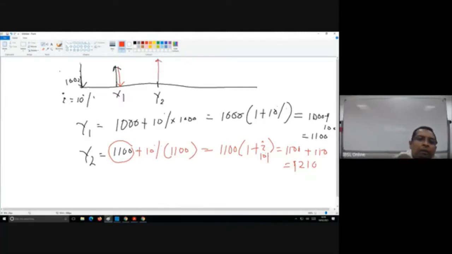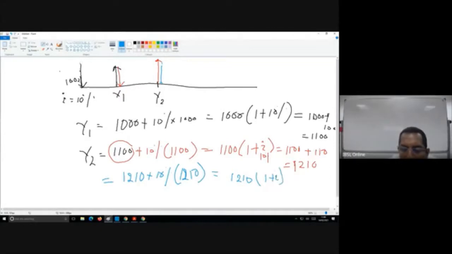Then you go to the next year. So you invest this amount. Your investment would be 1,210 plus 10% of 1,210, right? 1,210 times (1 plus I), which is 10% again. We assume that the rate is the same.